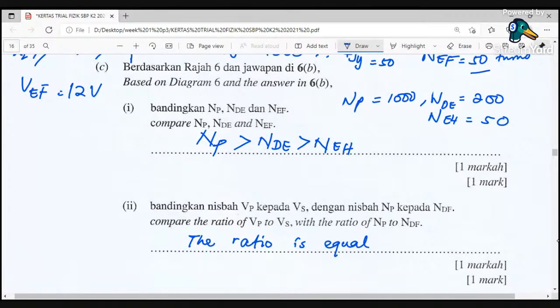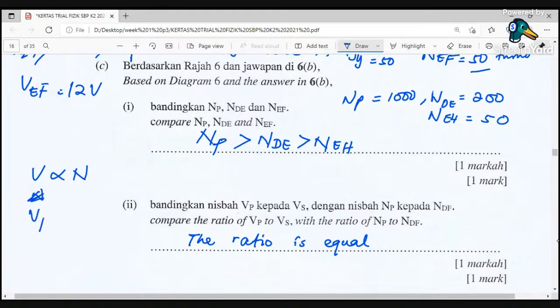Should be same because as we know V directly proportional to N. That's the reason why we get Vp over Np equals to Vs over Ns. Okay, apply the concept of electromagnetic induction. The more the number of turns, the more the flux lines being cut, so the higher the voltage induced in the secondary coil.